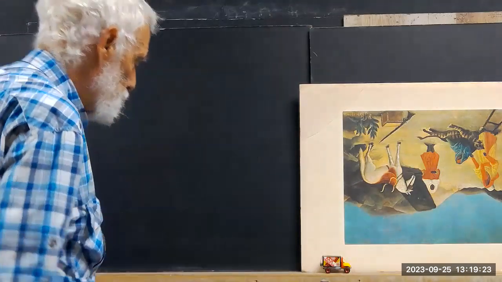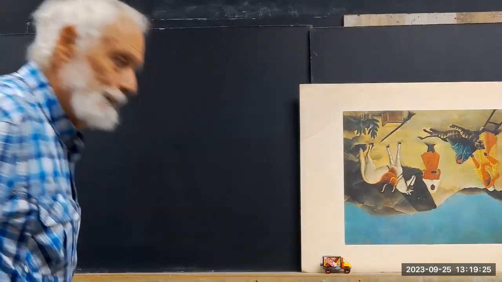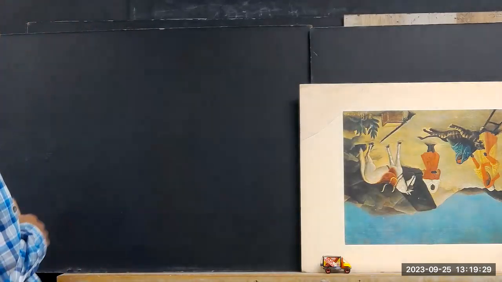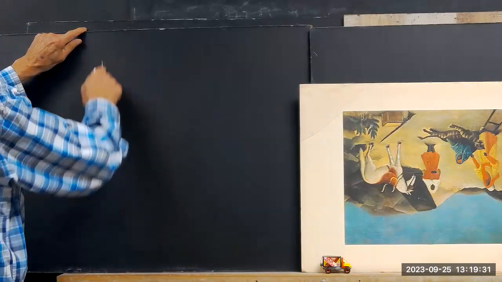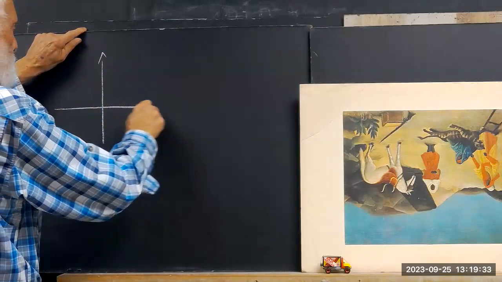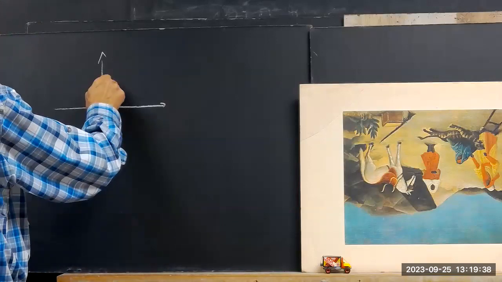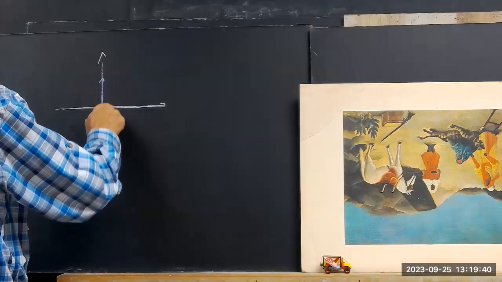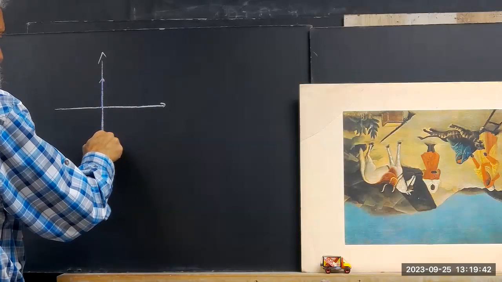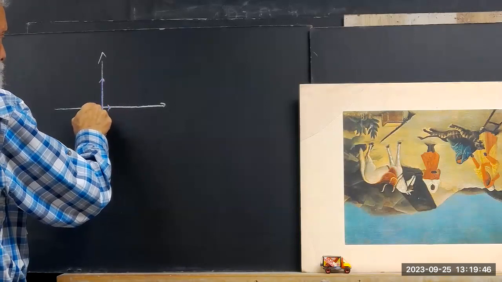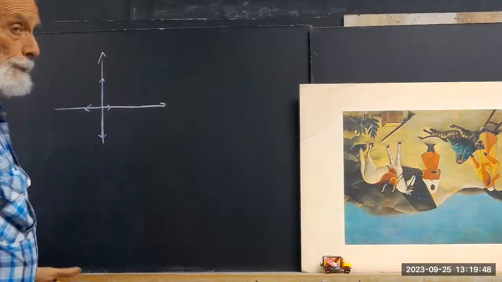So I want to stress the details. Some of you left out details. As a matter of fact, most of you left out some details. So on the third diagram, it looks like this. And we know what the vectors are, so again, I'm not going to label them. It looks like this, right?